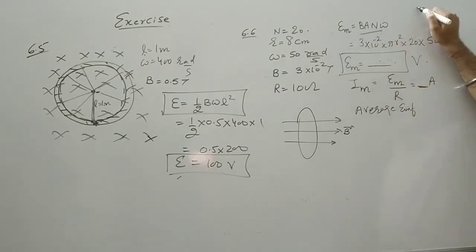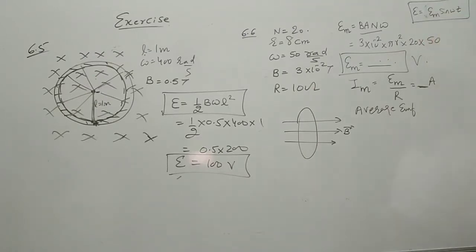In the AC generator, E was equal to Em sin omega t, that we have derived. The average of sin omega t comes out to be 0. So we will see that average EMF is equal to 0.